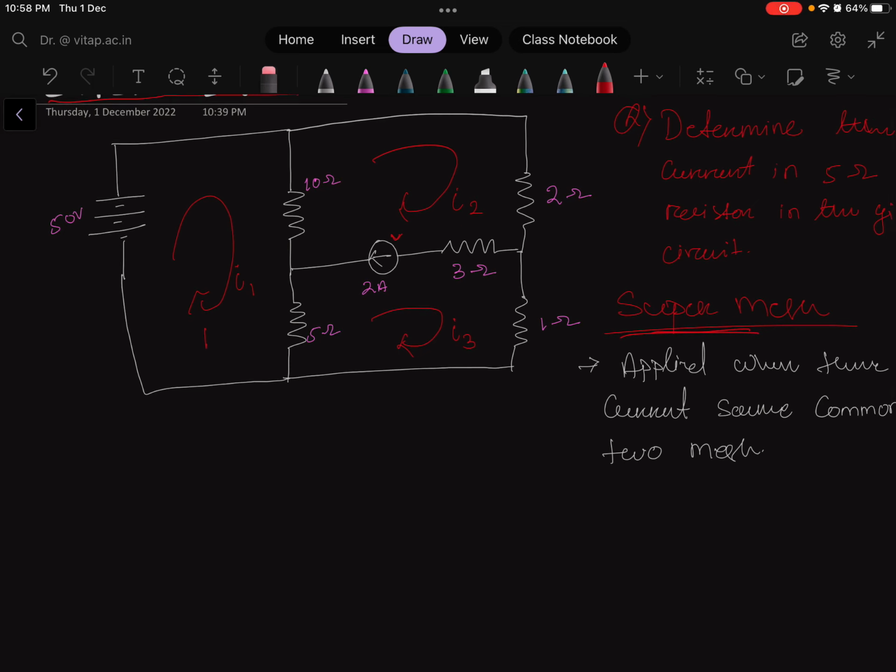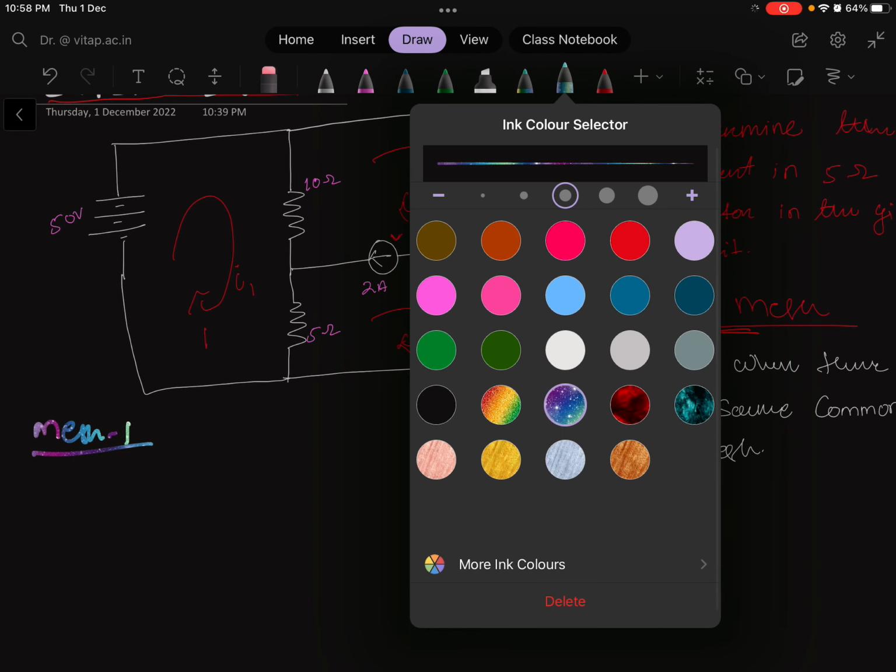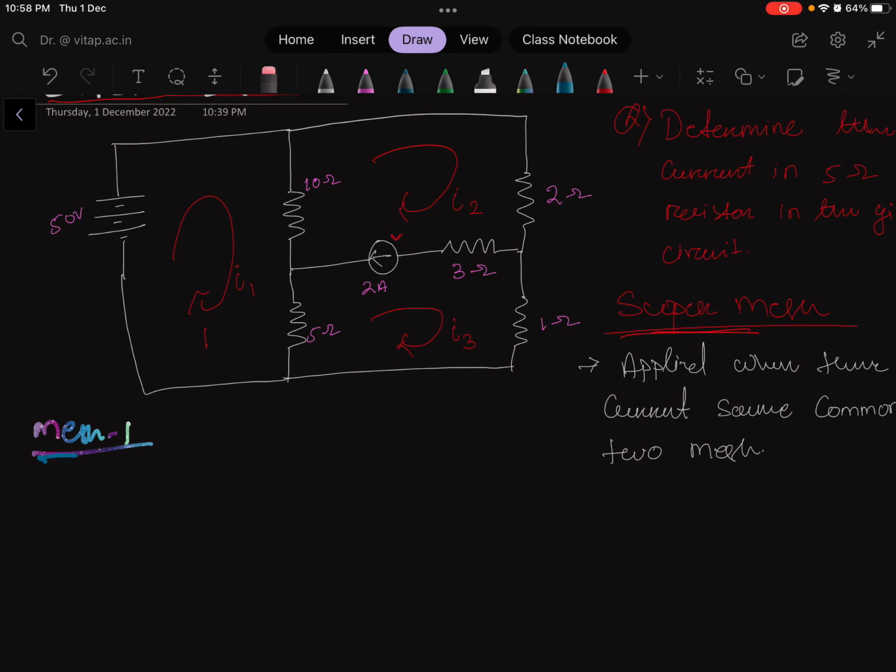Now we will write the mesh equations. For mesh 1, what can we write? See here, 50 volt is there, then 10 ohm, and 5 ohm.